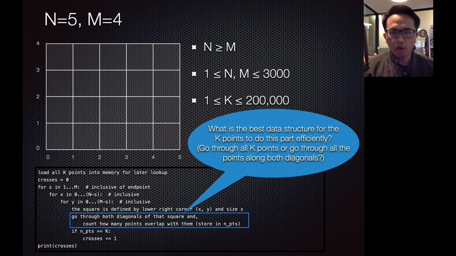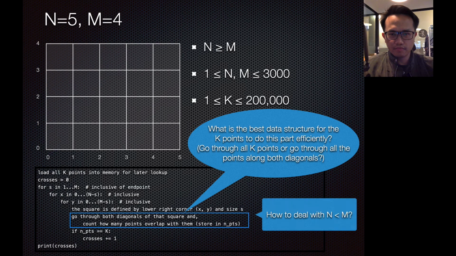So either you go through all k points and see how many of them are on the diagonals with the center that you're contemplating, or you go through the diagonals and see how many are one of the k points. Other than that, you also have to deal with the problem when n is less than m, but I'll leave that up to you. It's a simple problem, so I'm sure you can solve that, right?